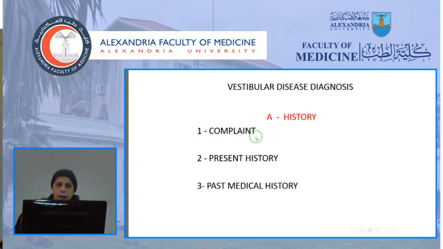He comes telling you what his experience is, why he is coming, what he is feeling. The second is what happened around the complaint, which we call the present history, and the third is his past medical history in terms of any disease, trauma, medication, and so forth.